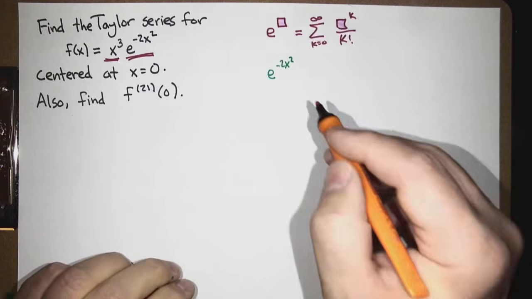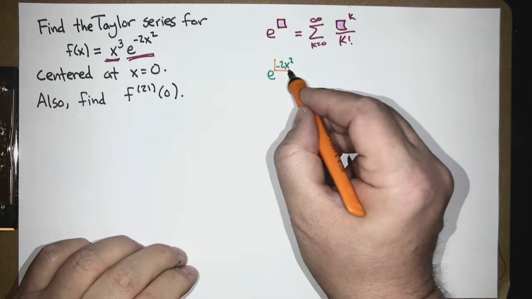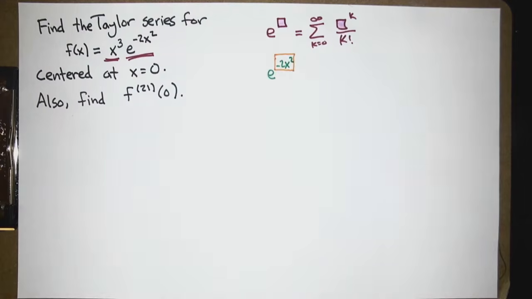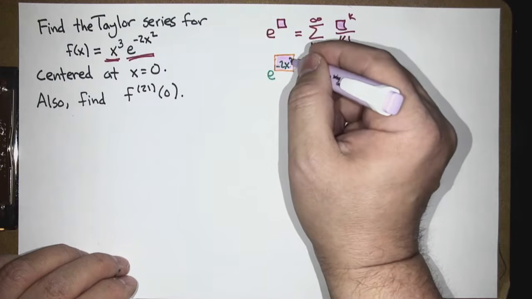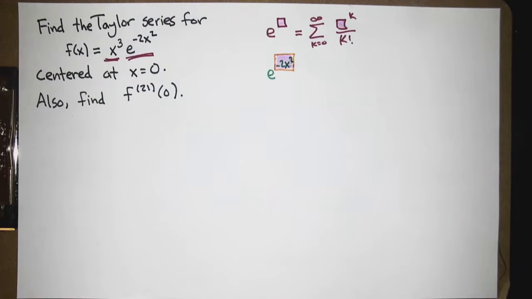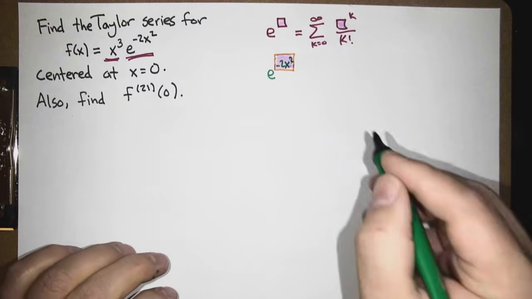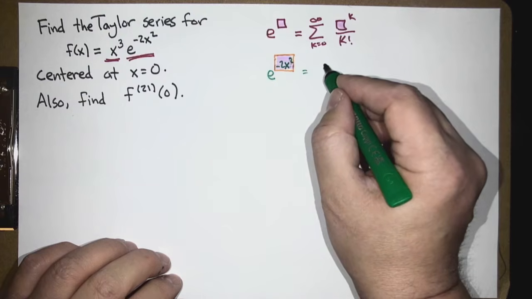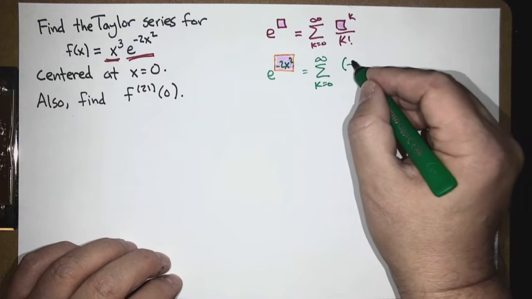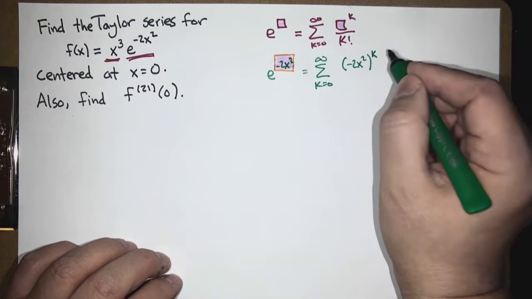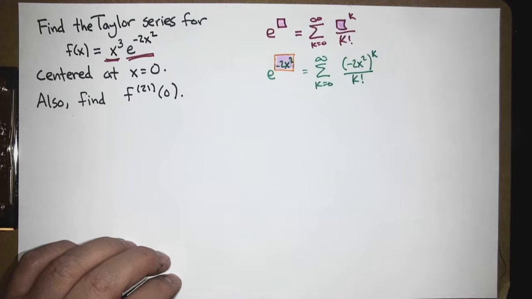Well, we just ask ourselves the question, what's in the box? So what have we put into our box? Minus 2x squared. So we just put minus 2x squared in everywhere. So we're going to have minus 2x squared to the kth power over k factorial.